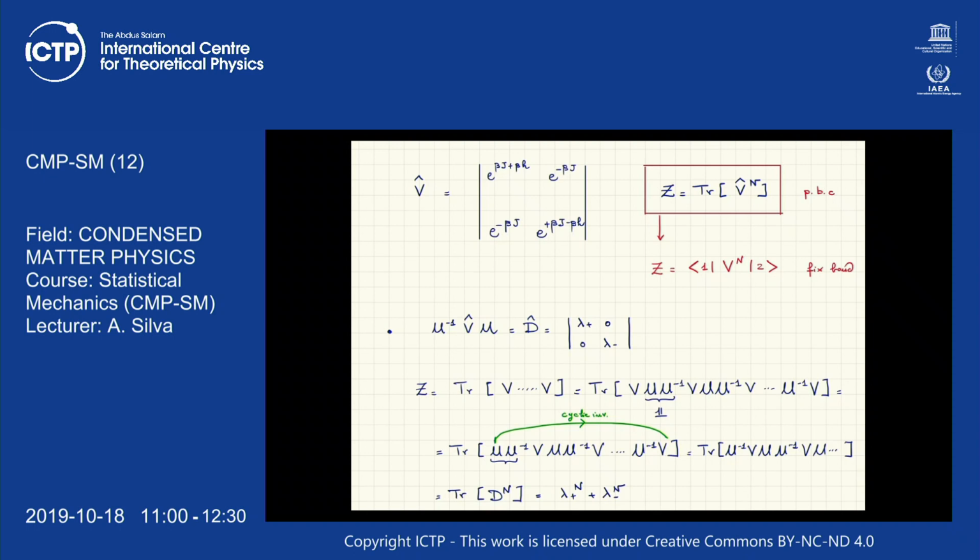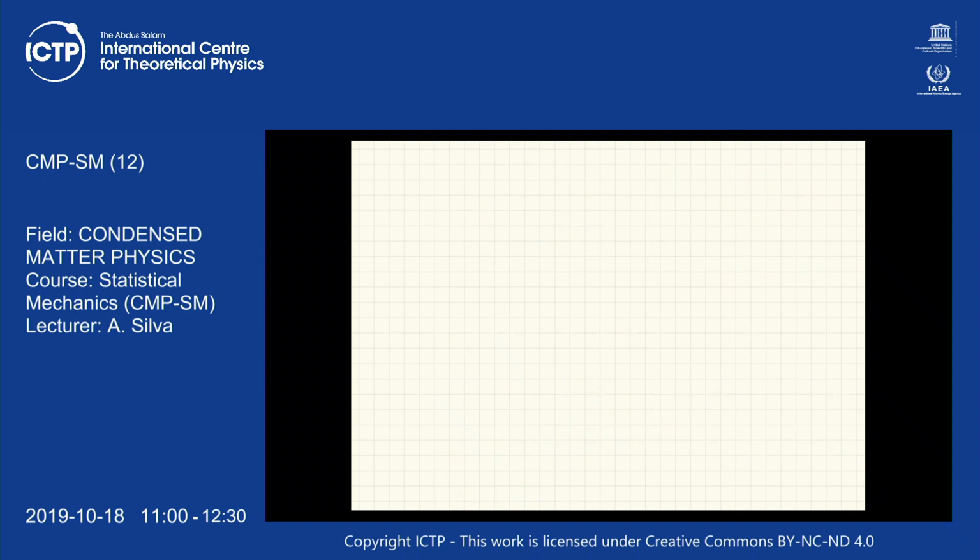In order to find the solution, we just have to find lambda plus and lambda minus, the two eigenvalues of this matrix V. And in order to find them, we have to solve the equation determinant of V minus lambda times the identity equal to 0.